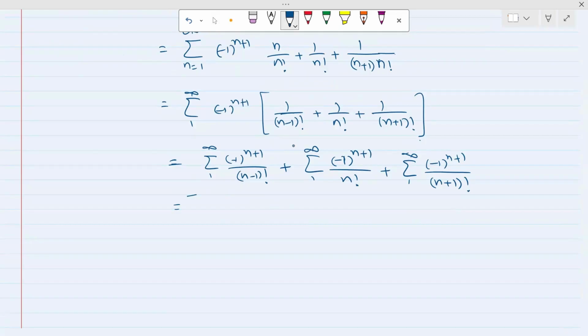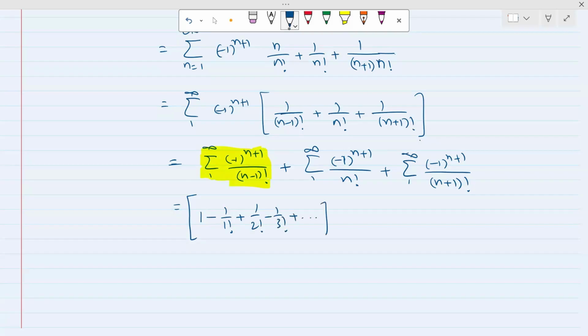So what is the first expansion? If you expand it, the first term is 1. Let us expand the first term only. First term is 1. Second term is minus 1 upon 1 factorial, plus 1 upon 2 factorial, minus.